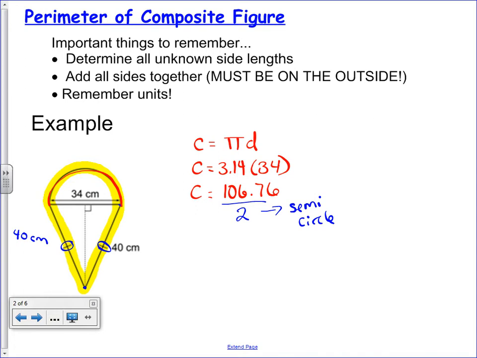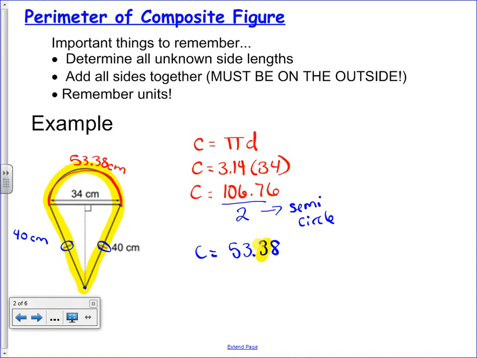So what do I get for that? Good. So I now know that that side length here is 53.38 centimeters.